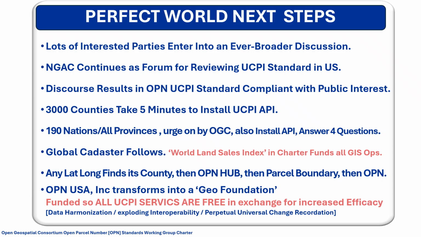The World Land Sales Index, it's in the charter, funds all GIS ops, simply takes a cut on this index of every land sale all over the world, indexed according to OPN. Any lat long finds its county, then its hub, then its parcel boundary, and then its OPN.